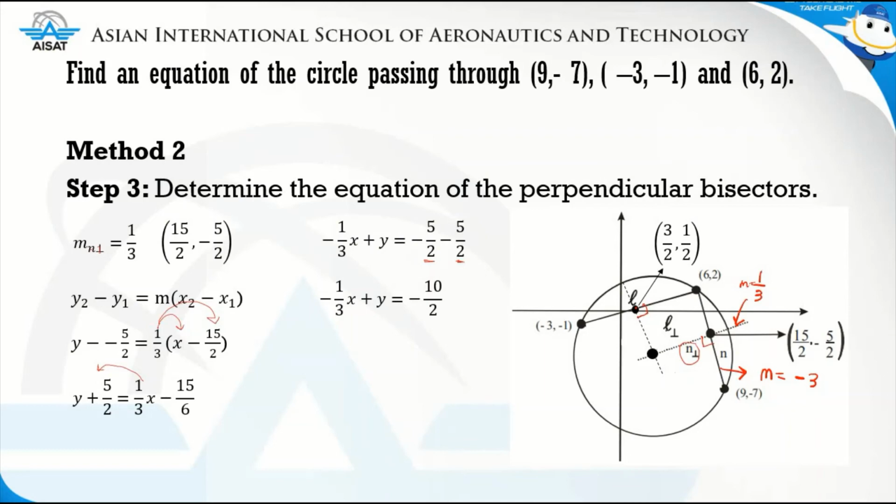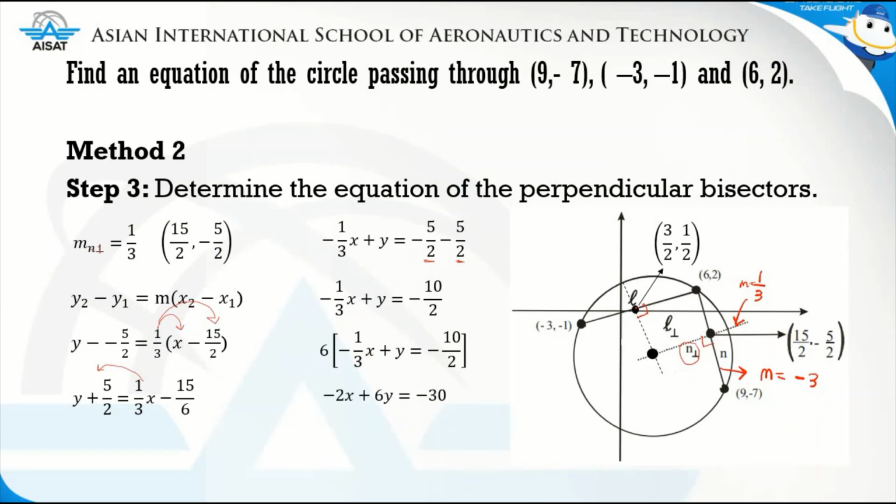Now eliminating the denominators by finding the LCM of 3 and 2, we have to multiply the whole equation by 6. So we'll have 6 times negative 1/3 x plus y is equal to negative 10 over 2.